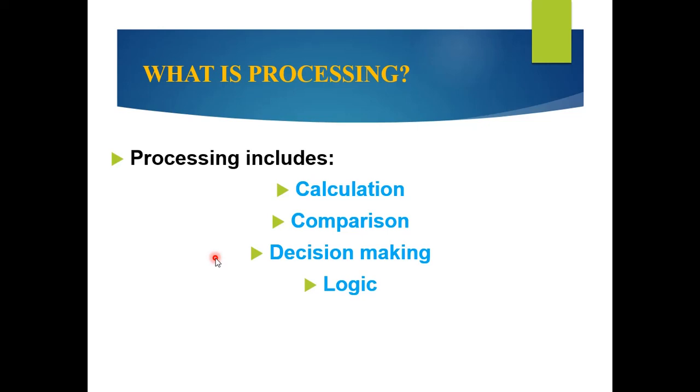So processing includes various processes. What are they? Calculation, comparison, decision making, logic. Once the computer accepts the data in the form of input, it will process it. It will do some calculation, or comparison, or it will logically or sequentially arrange the steps which should be followed to get the desired result.